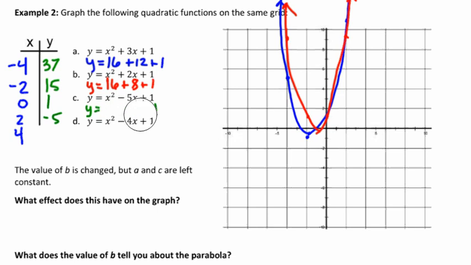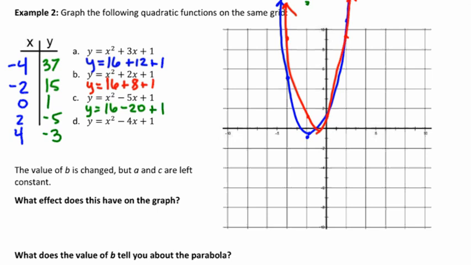4 squared is 16. Minus 5 times 4 is minus 20. Plus 1 gives us negative 3. So plotting those points, can't really do the negative 4 and 37. That's not on our grid, so we'll hop to negative 2 and 15. They'll be a little bit above, but we'll know roughly where that is.